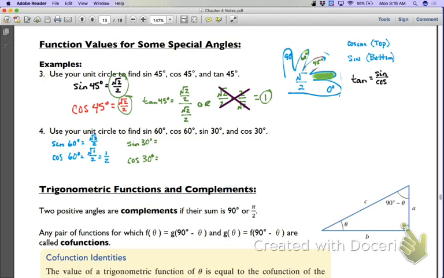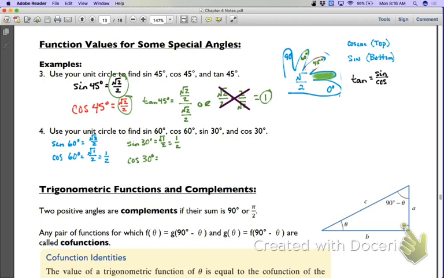So now what's going to happen to the square root of 3 over 2 and 1/2? Sine is the bottom side. If I'm bending here at my ring finger, how many are below the ring finger? 1. So square root of 1 over 2, which is just going to be 1/2.